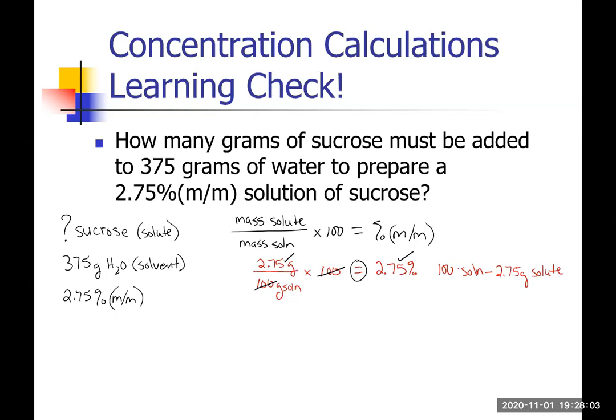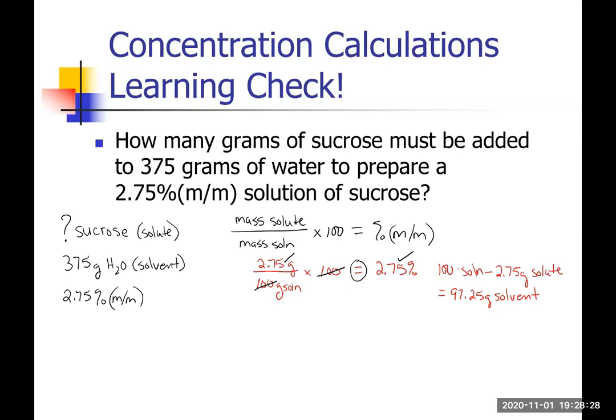That is 97.25 grams of solvent. Now, is this the only way that a 2.75% mass by mass solution could be made? Well, no, this isn't the only way. It's just the easy way.